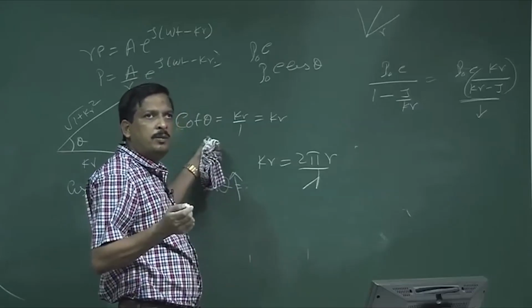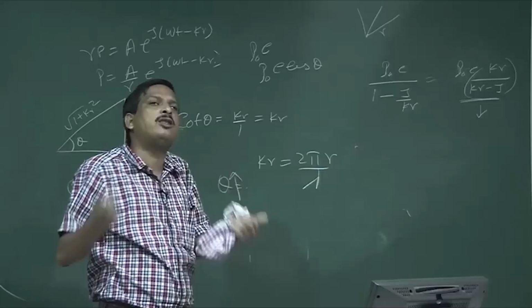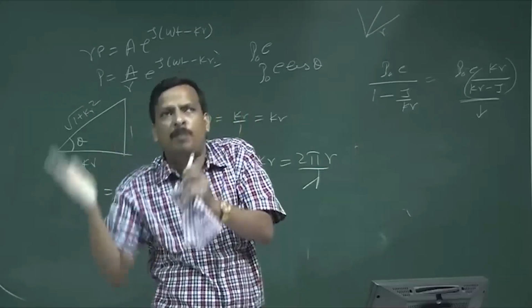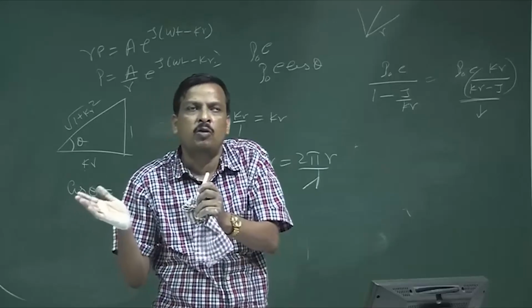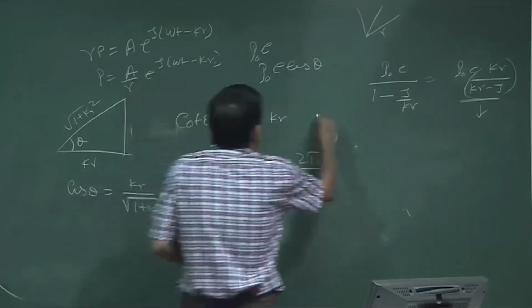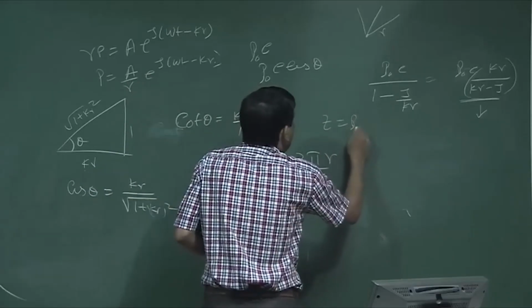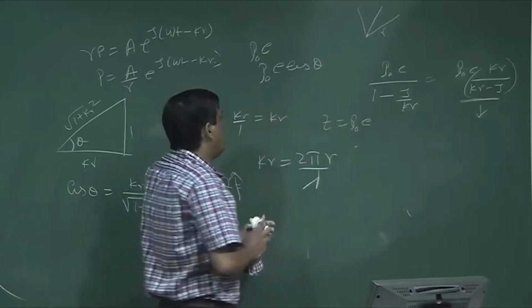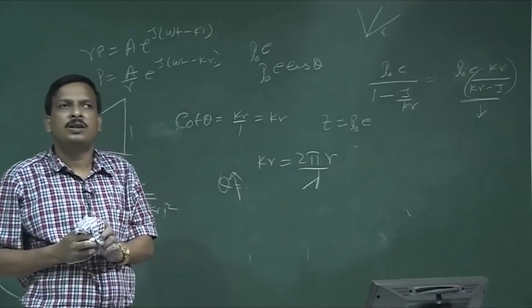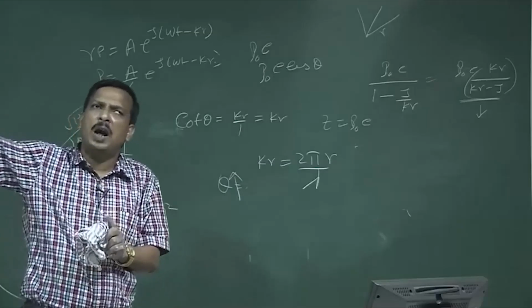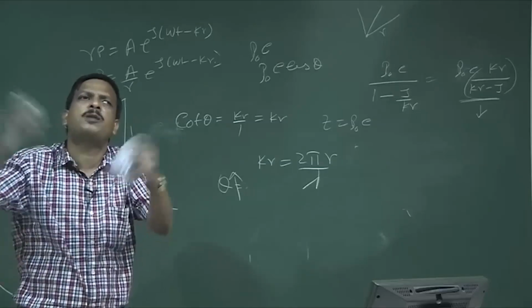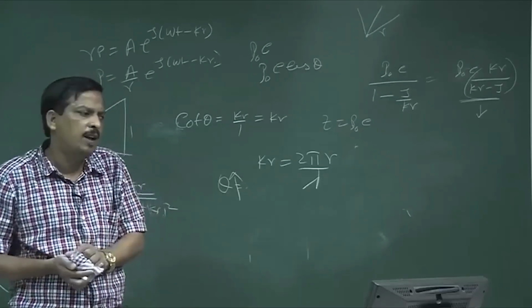Theta being very small means the angle between the pressure wave and particle velocity will be almost nil. So, in that case, z becomes rho 0 c cos 0, which is 1. So, far away from the source, although it is a spherical wave, it looks like a plane wave.